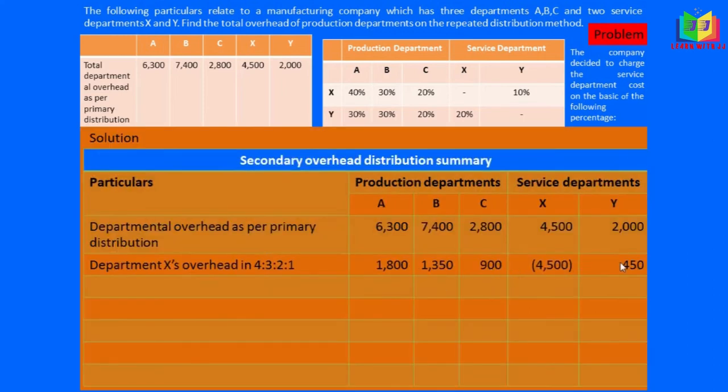Next we have to distribute Y's overhead. Y already has 2,000 as per primary distribution, and this 450 is the share from X. So together we have to distribute 2,000 plus 450 in the ratio of 3:3:2:2.